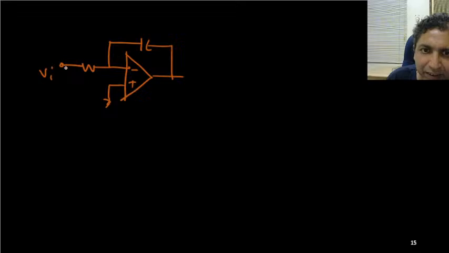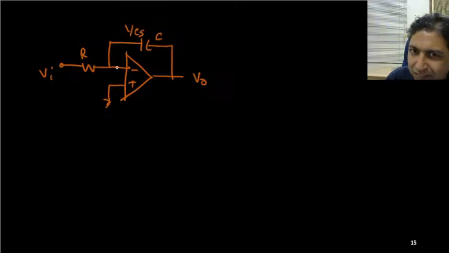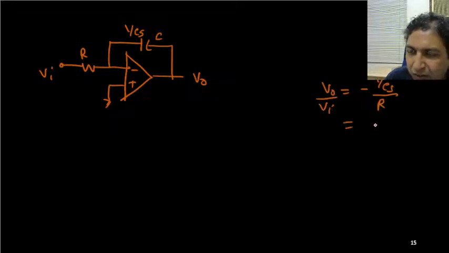If this is Vi and this is V0, this is R and this is capacitor C. Its impedance is 1 by Cs. So simply V0 will be minus Rf by R1, so 1 by Cs times R. So V0 by Vi, I am writing, is minus 1 upon RCs.